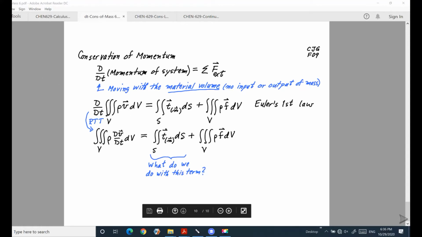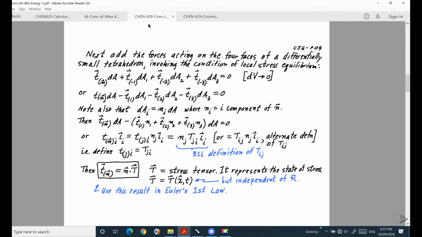When we continue our discussion now, here we have this term, and here we can write this vector acting on the contact surface. We said before this is a function of the x position vector and time, and also a function of the orientation n.